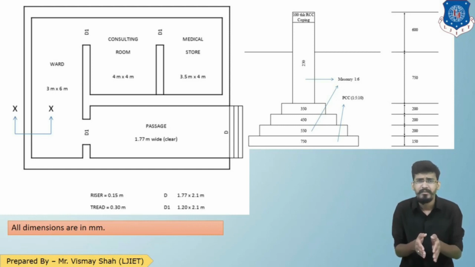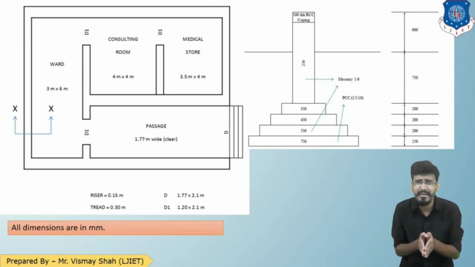In the plan, the passage is 1.77 meter in width, and the door has the same width. So the width of the door will be 1.77. The ward is 3 meter by 6 meter. Now we have discussed that the first dimension is horizontal, the second dimension is vertical.